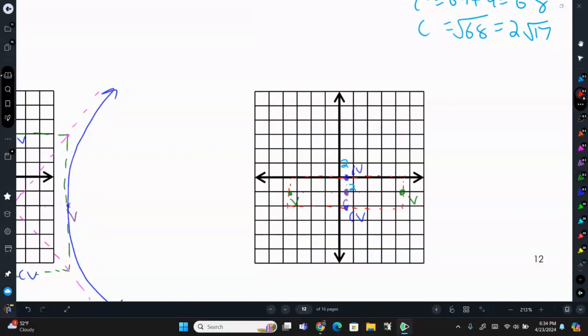My asymptotes go through the center and through the corners of my box. And now the actual branches of my hyperbola go from the vertex, getting close to the asymptotes. I want to curve this one a little bit. There. All right, so now we can identify information.